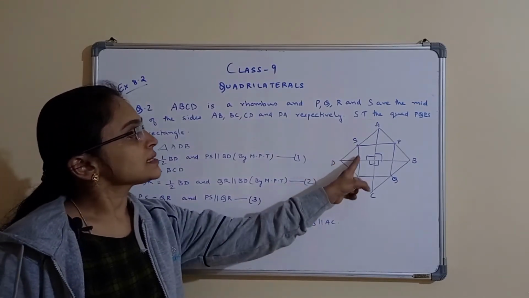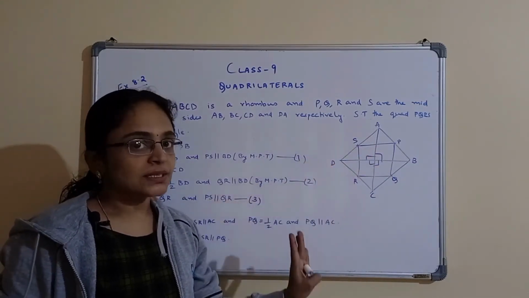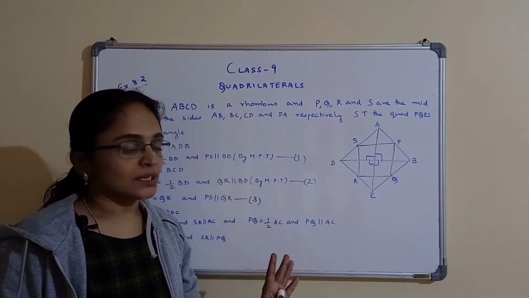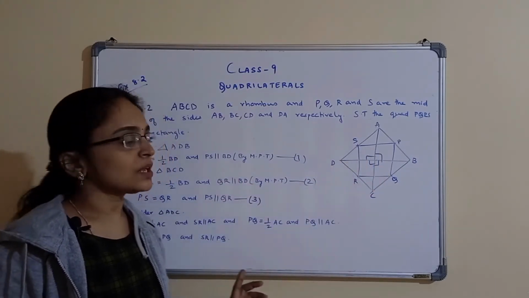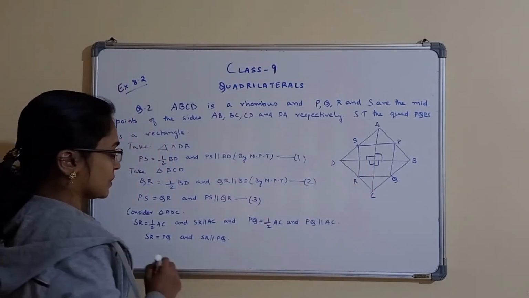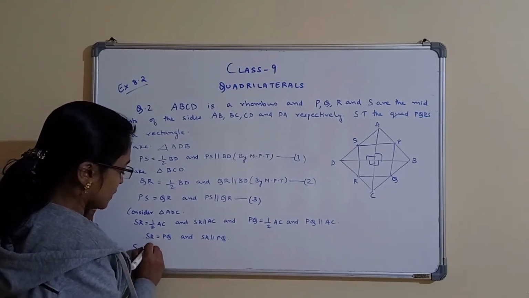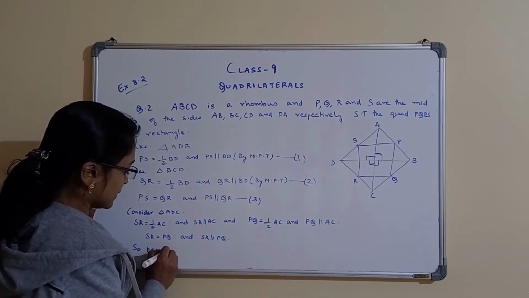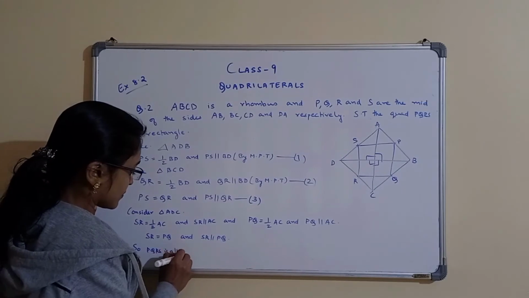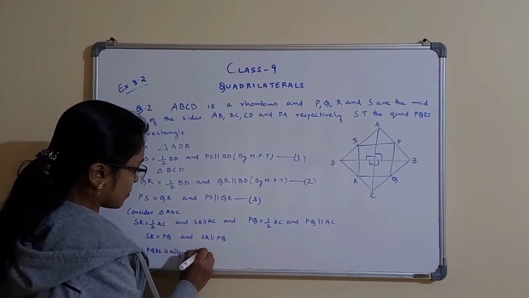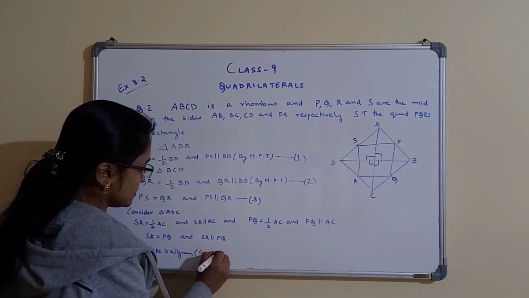So, since the opposite sides are parallel and equal, we can say that PQRS is a parallelogram.